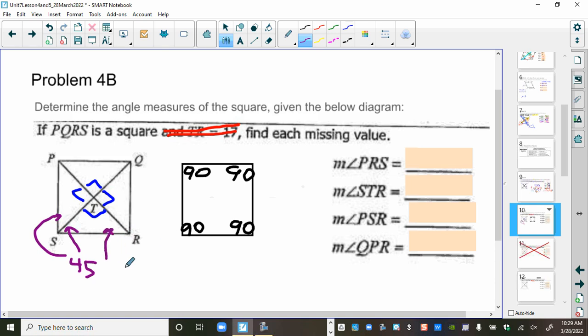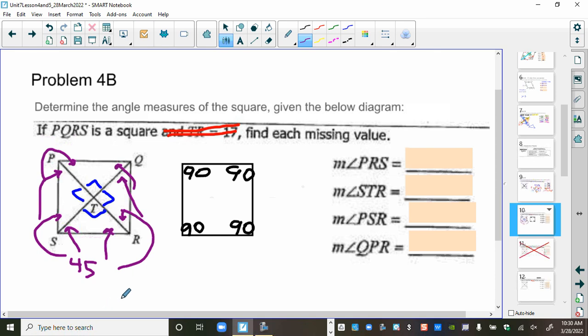So in all these 8 cases, it's going to be 45. And you can say the same there, there, here and here. So all 8 of these smaller angles are going to be 45. If it's an outer angle, it's 90. Or if it's a bisector right in the middle, it's 90.